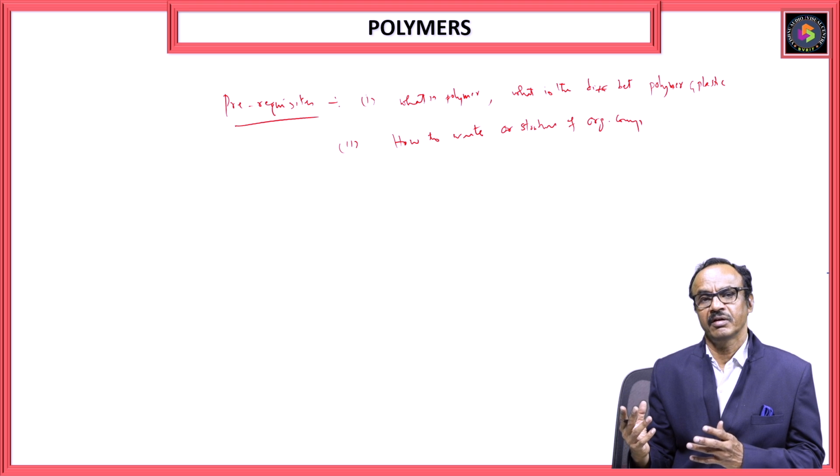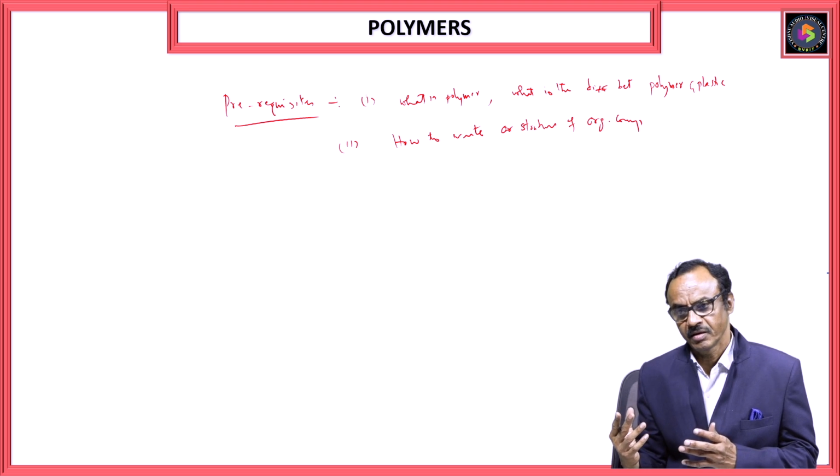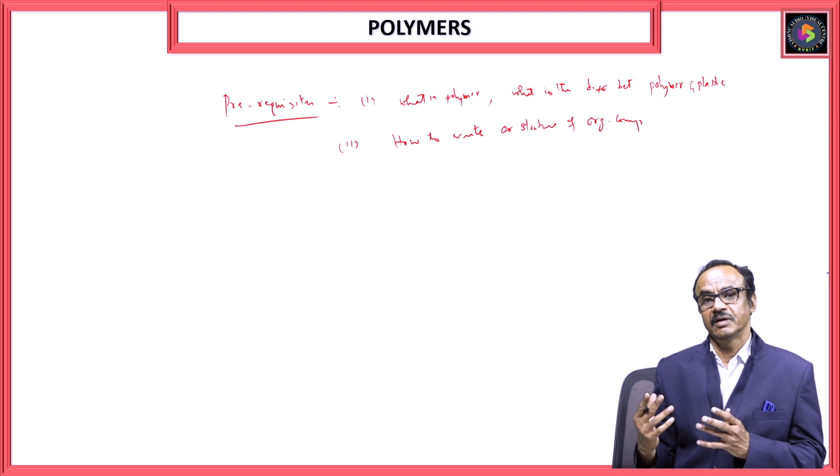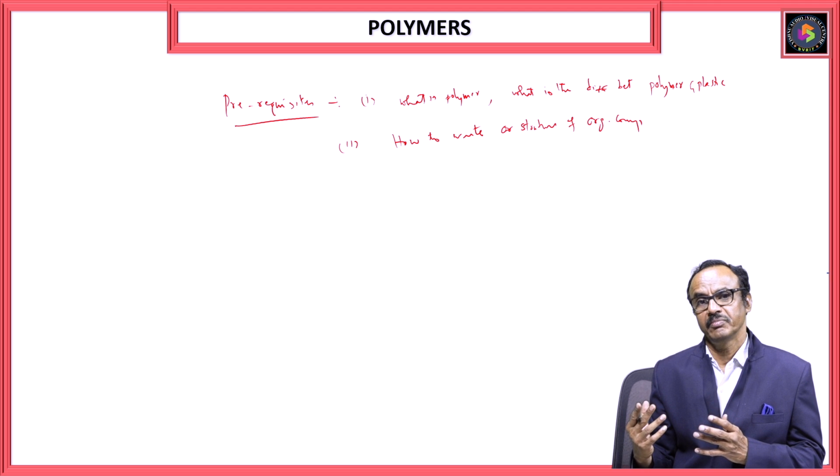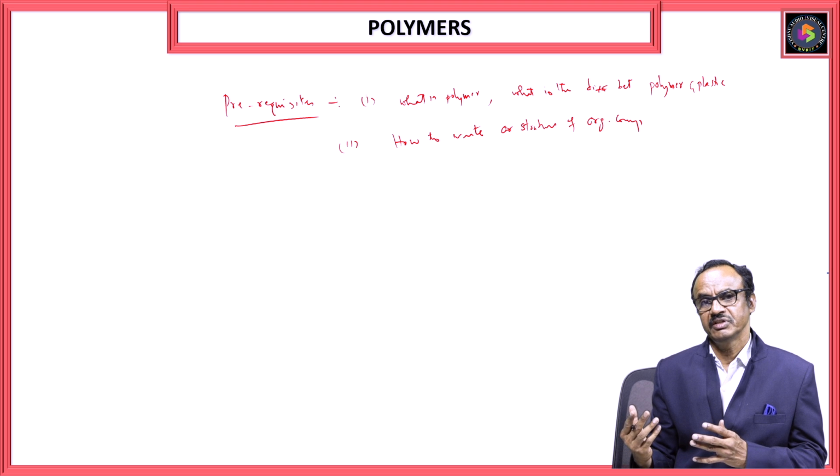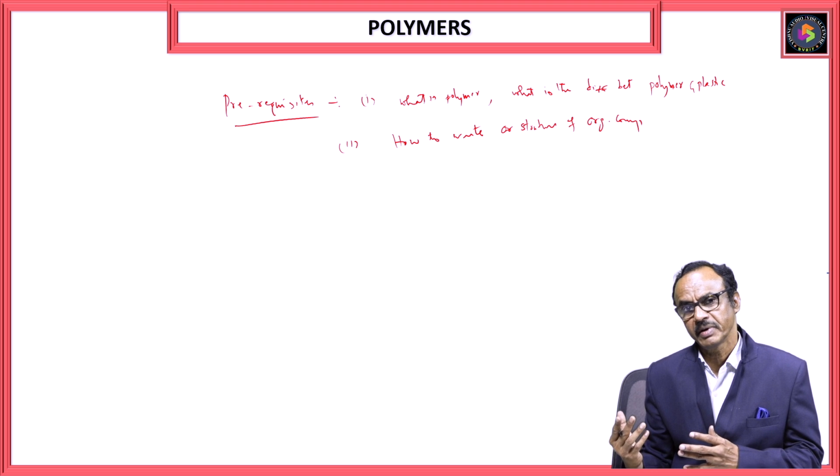The articles of desired shape can be derived from polymers during the process of fabrication or molding. These articles of desired shape are called plastics.